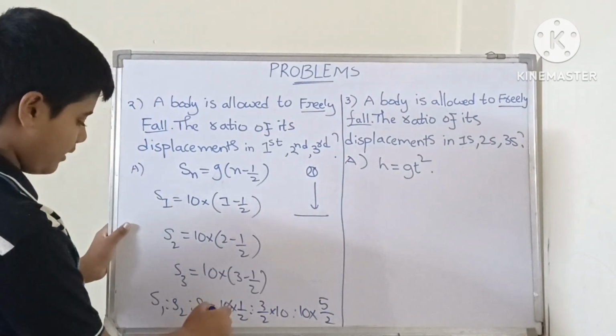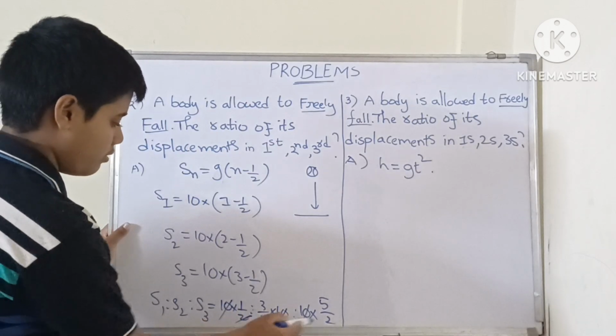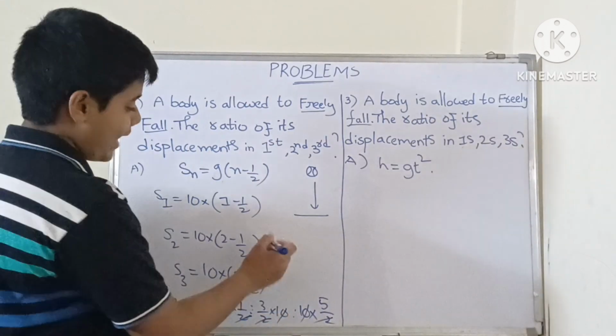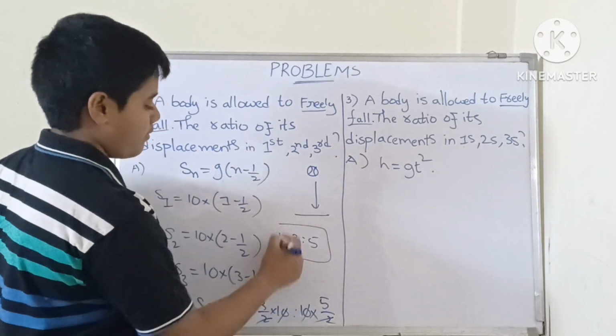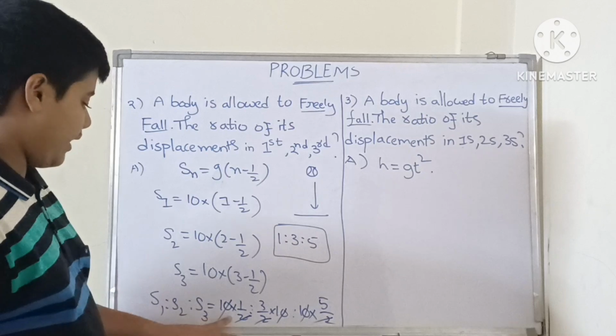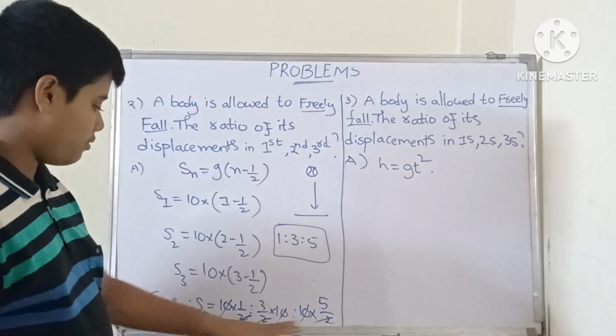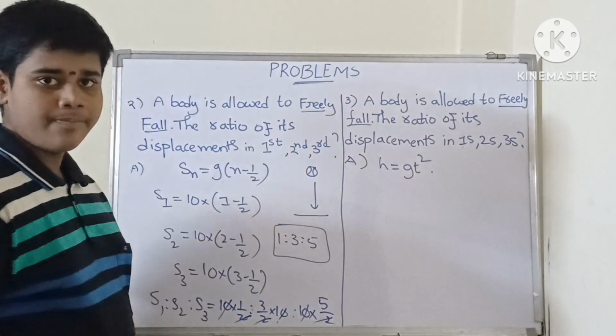Here 10 gets cancelled, and 2 gets cancelled. So the final result is 1 is to 3 is to 5.